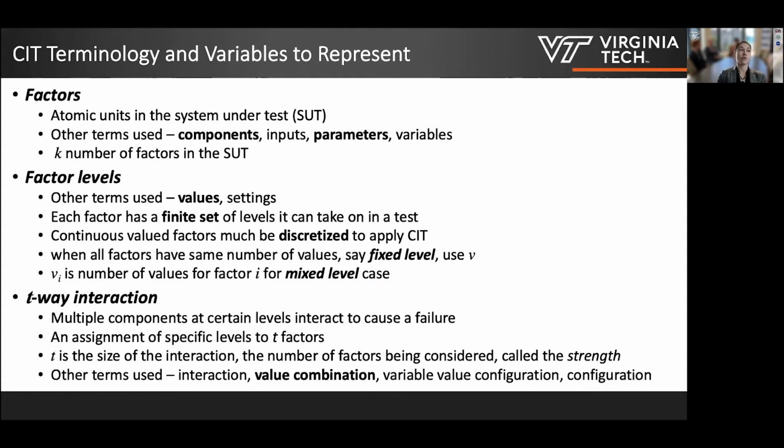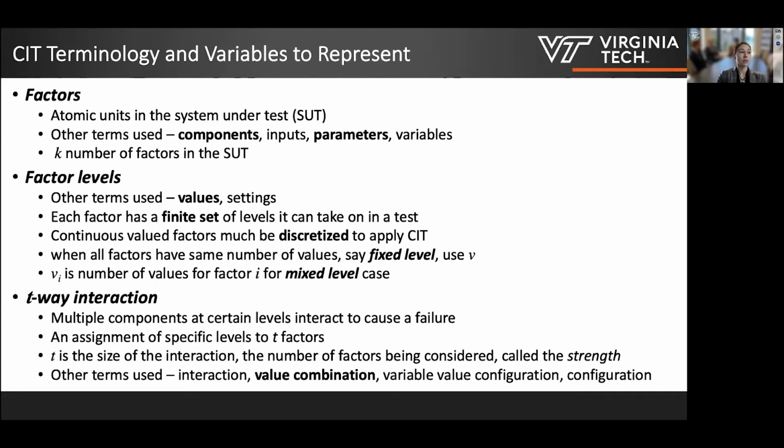Continuous valued factors have to be discretized in order to apply combinatorial interaction testing. When all factors have the same number of values, we say that it is fixed level, and we use the variable v. When we have the mixed level case, we have a different number of values or levels for each factor. Then we use v sub i to mean the number of values or levels for factor i.